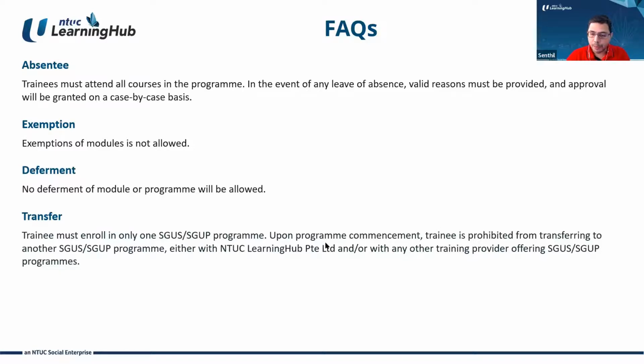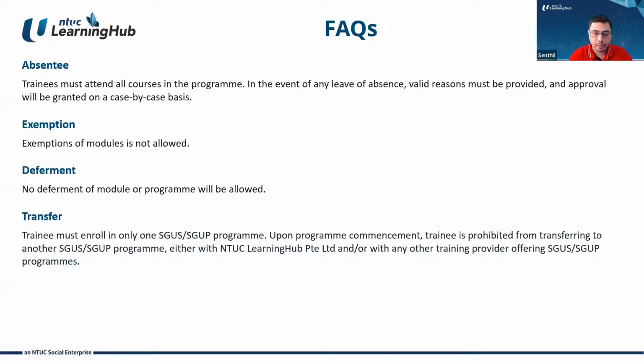Upon program commencement, the trainee is prohibited from transferring to another SGUS or SGUP program, regardless of whether the program is offered by NTUC Learning Hub or by other training providers offering SGUS, SGUP. Earlier I already shared, if you have already taken any SGUS or SGUP, be it with Learning Hub or with other providers, you are not eligible to take another SGUS program.